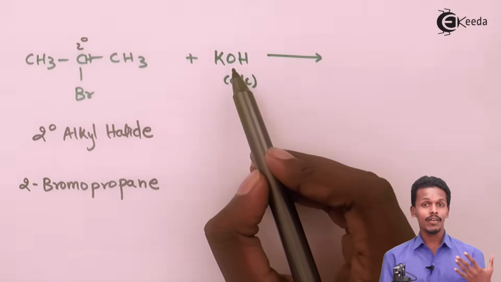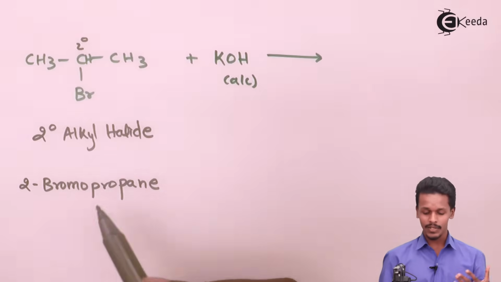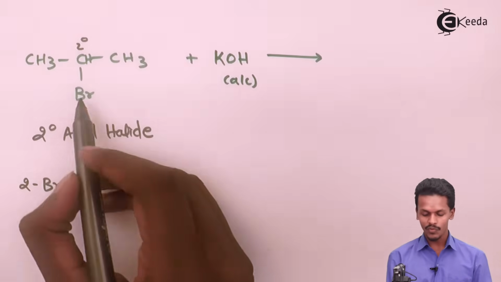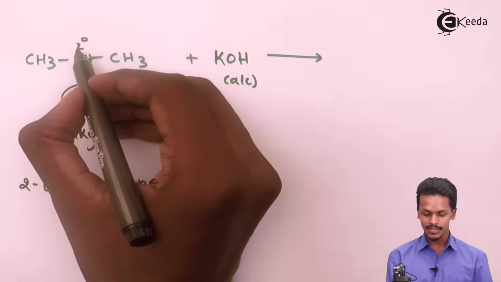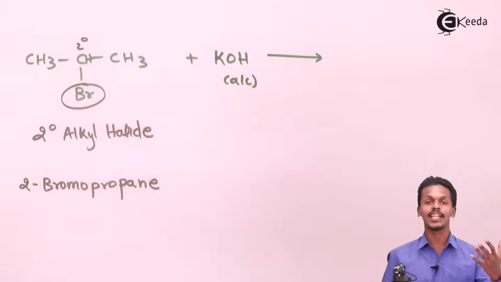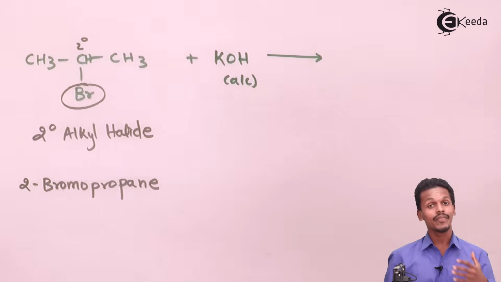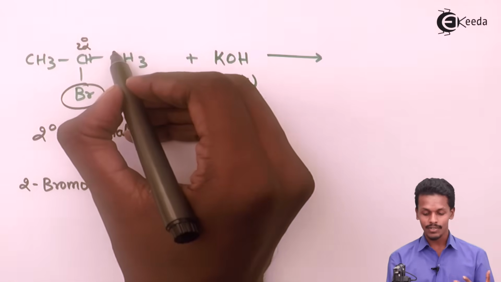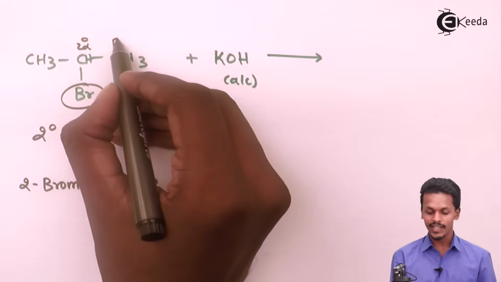So the alcoholic KOH is being used. If alcoholic KOH reacts with the secondary alkyl halide, especially 2-bromopropane, then the bromine atom would be removed from the carbon to which it is attached. Suppose that is considered the alpha carbon atom, and this carbon would be called the beta carbon atom.